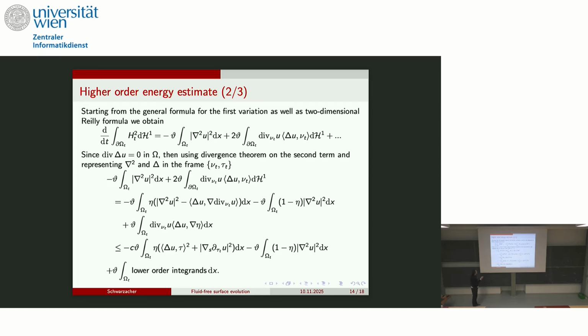So if you then change the Laplacian to second gradients, you get this nice boundary term, which looks as if it is not lower order, right? Because you have on the boundary a Laplacian and a gradient, so this is a bad thing. This is high order.